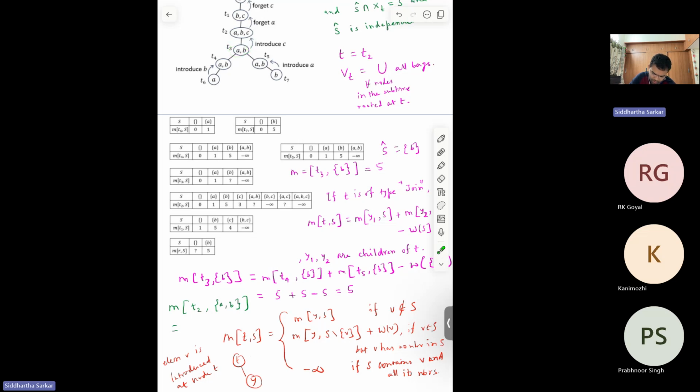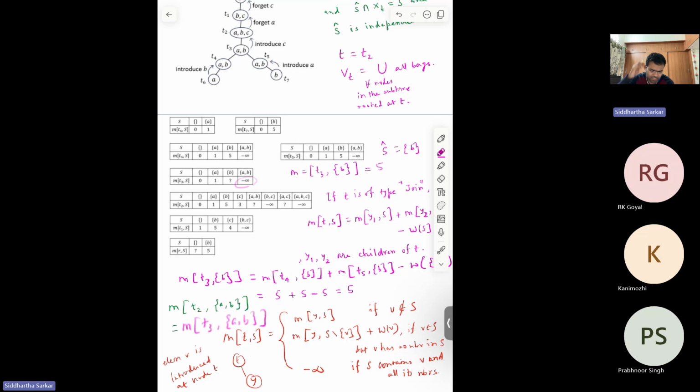So this is equal to M of T3, AB, by virtue of this formula. That is minus infinity.